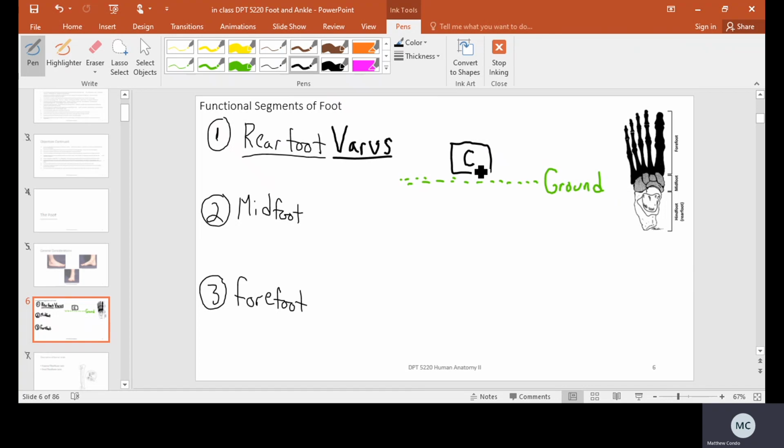So if my calcaneus is neutral, then it should sit on the ground in a very neutral position, right? Not tilted one way or the other. What we're going to see, and I'm going to give you some reference points here: over here is going to be medial, over here is going to be lateral.